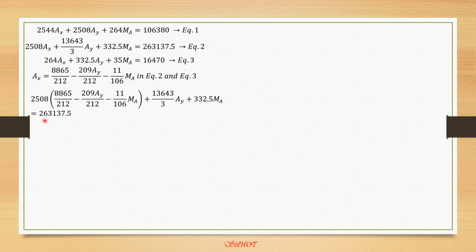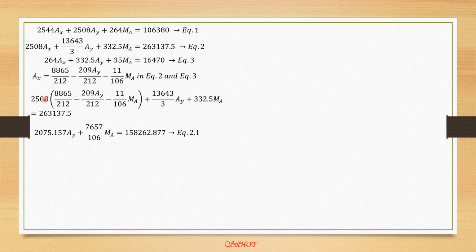Then for the constant, 263137.5 minus 2508 times 8865 over 212, because if we move this to the right side of the equation, it becomes negative. So again, 2508 times negative 209 AY over 212 plus 13640 over 3 AY, that would be 2075.157 AY.